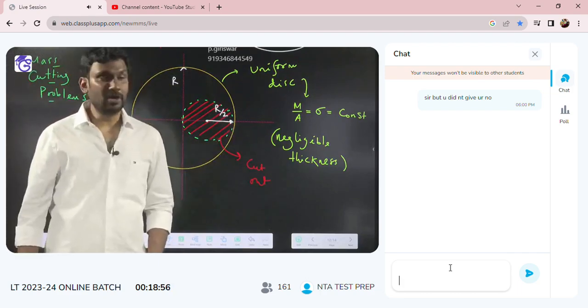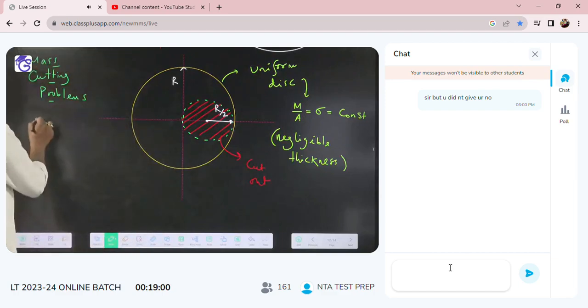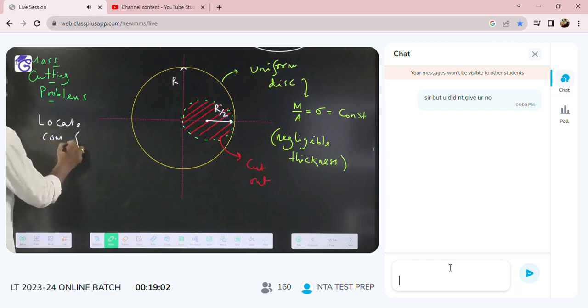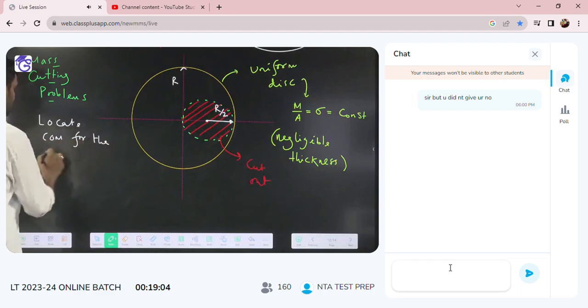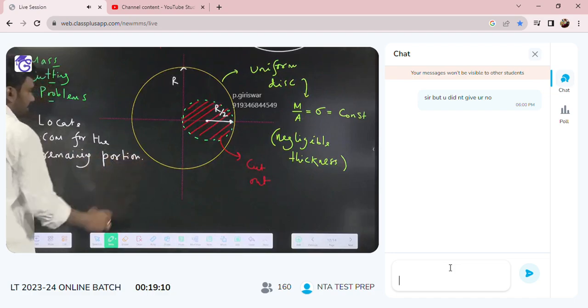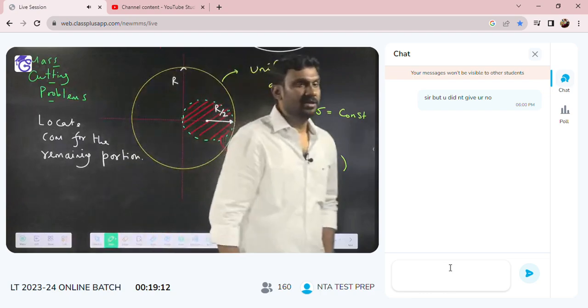So what is the demand of the question? The demand of the question is to locate the center of mass for the remaining portion.